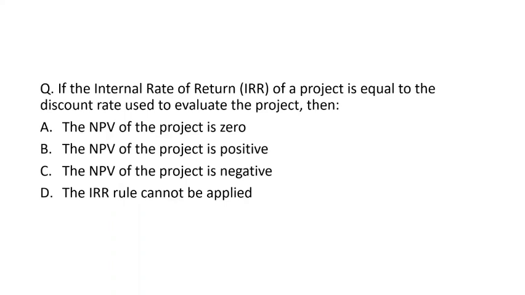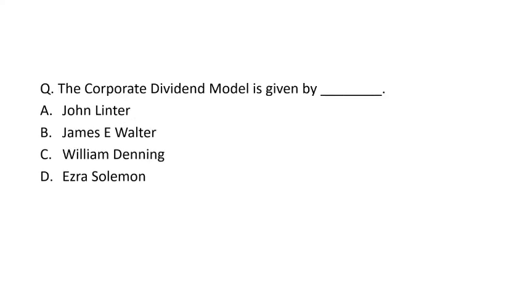Next question: the corporate dividend model is given by John Lintner, James E. Walter, William Deming, or Ezra Solomon. First we have to see who has given which model. The corporate dividend model is also known as the Lintner model, so obviously it is given by John Lintner.